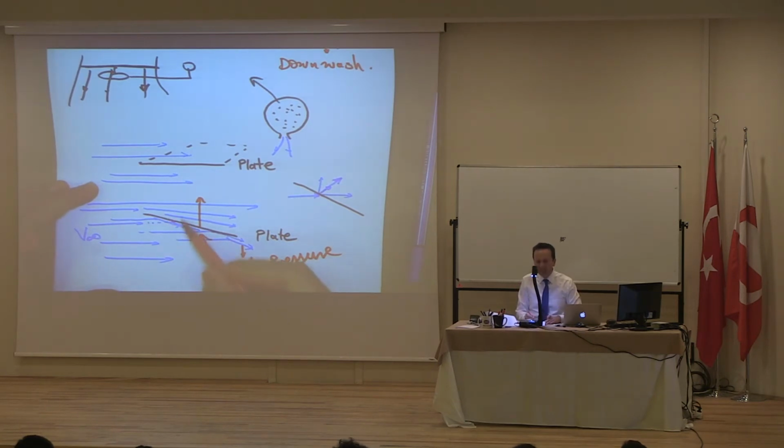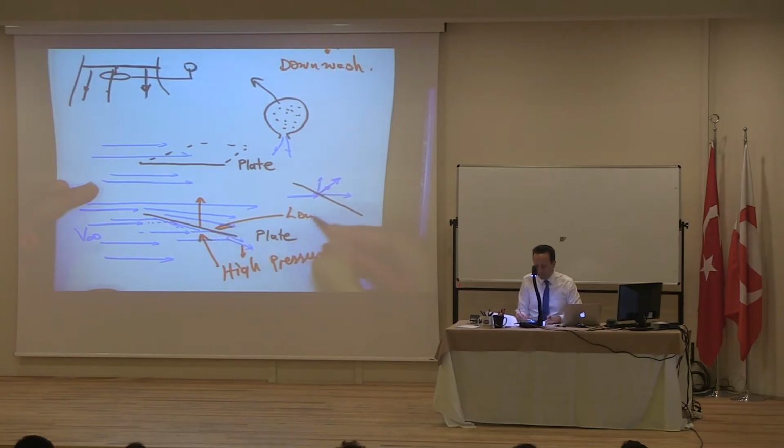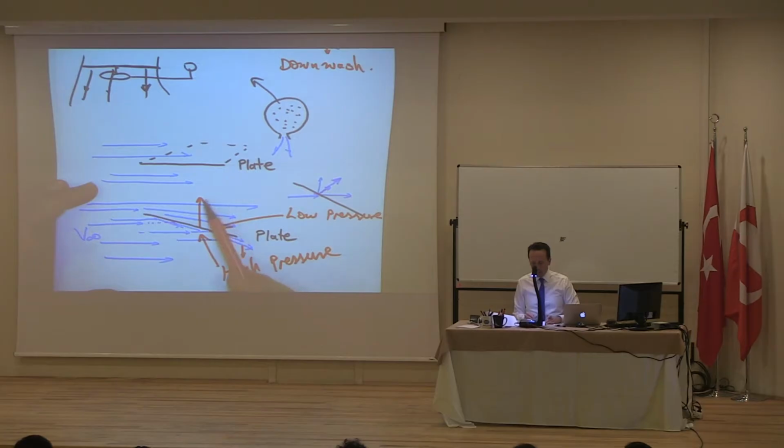And because they are not hitting the plate, you will have low air pressure at the top. Does that make sense? So you hit at the bottom, don't hit at the top, more pressure at the bottom, low pressure at the top, you will go up.